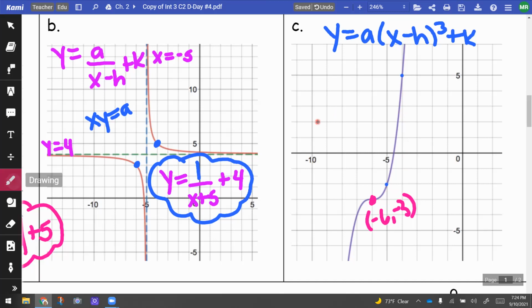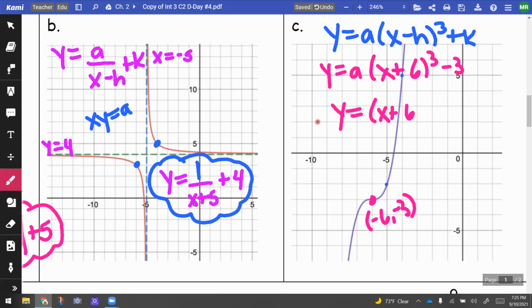So this is going to be y is equal to a, and again, that's going to be a 1. But let me just put it like this for a second. X plus 6 cubed minus 3. And again, our a is going to be 1. So we can just go y is equal to the quantity x plus 6 cubed minus 3. And that is our equation.